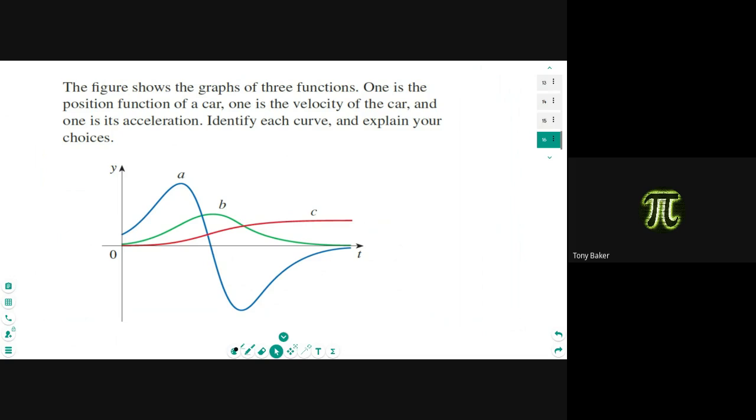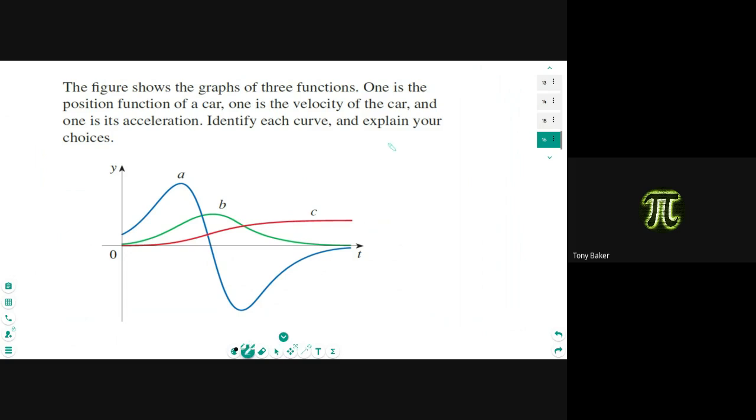One's the position of the car, one's the velocity of the car, and one's the acceleration of the car. Which one's which? Okay, so if A is the acceleration, let's think about it.